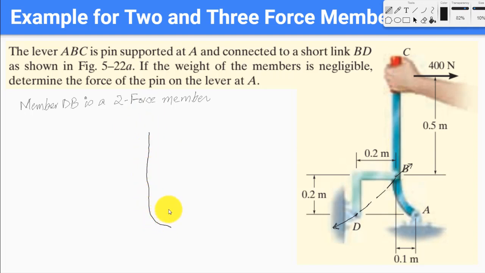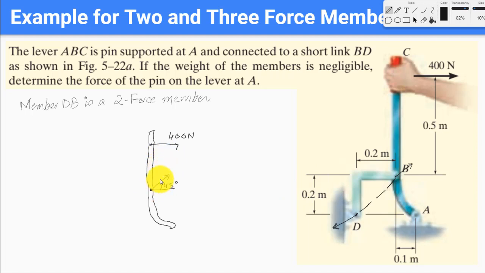So that means if we were to draw the free body diagram of our original lever, I'm going to draw the lever first. So this is our lever. We have a 400 Newton force acting towards the right, and at this point B we would have a force at 45 degrees, because this is point 2, this is also point 2, so this angle needs to be 45 degrees.